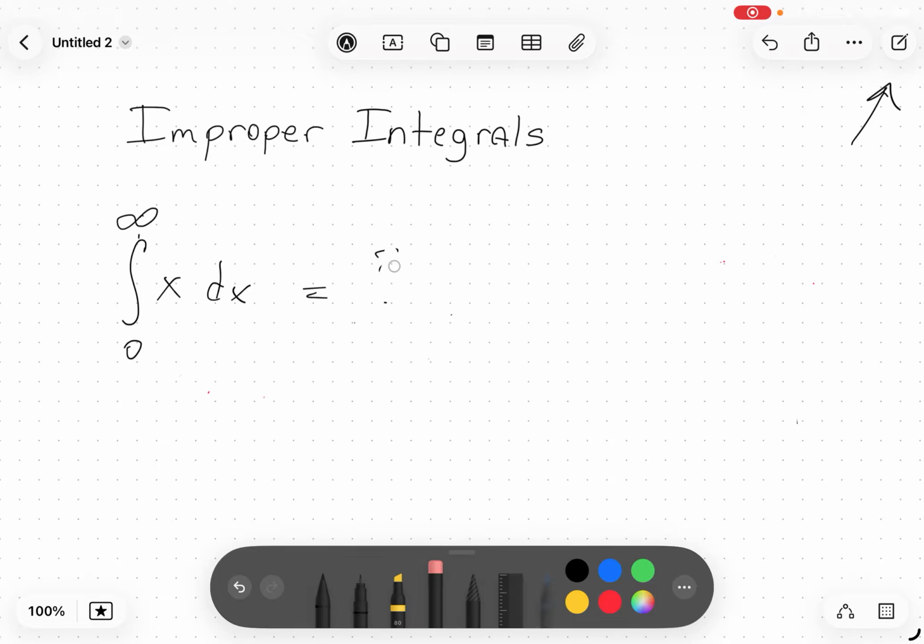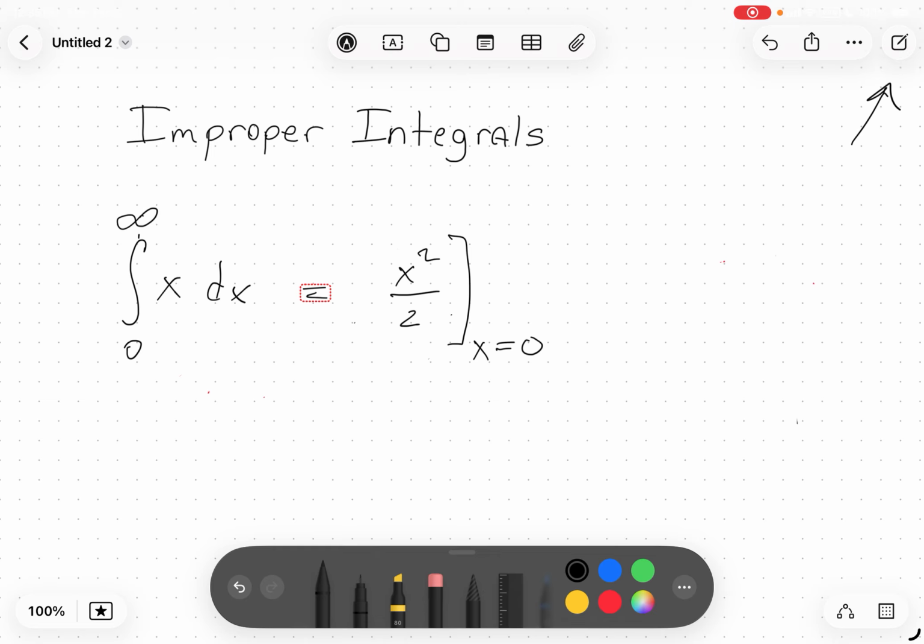Well, anyway, the way to do this analytically would be to still calculate your antiderivative, and you still have x equals 0 as your lower limit, which is fine. You can put x equals 0 in there, but you can't use x equals infinity.